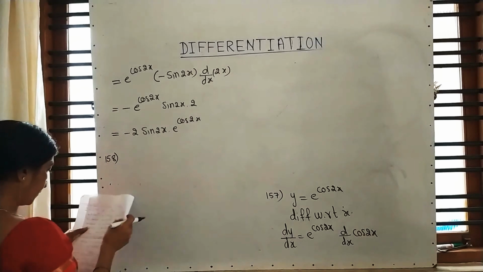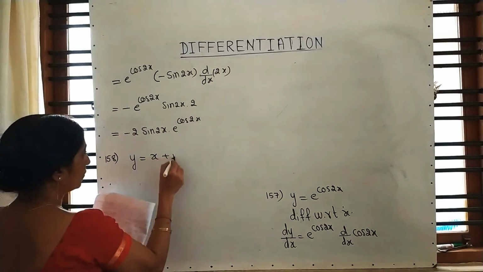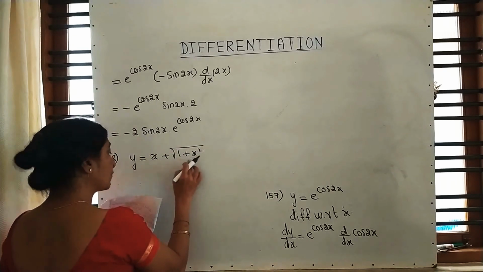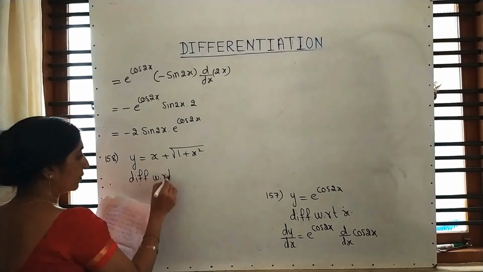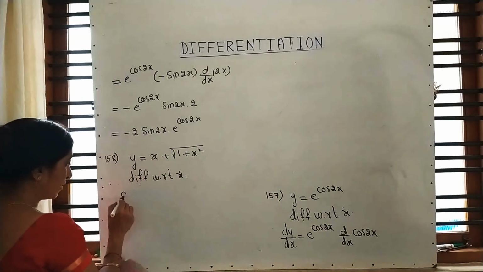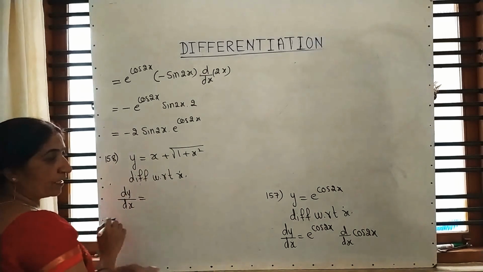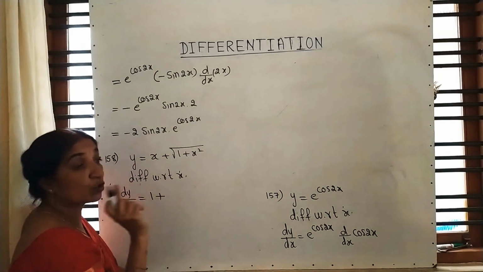158. y is equal to x plus root of 1 plus x square. Here it is u plus v. Differentiating with respect to x, dy upon dx. What is the differentiation of x with respect to x? 1. Plus what is the differentiation of root 1 plus x square?